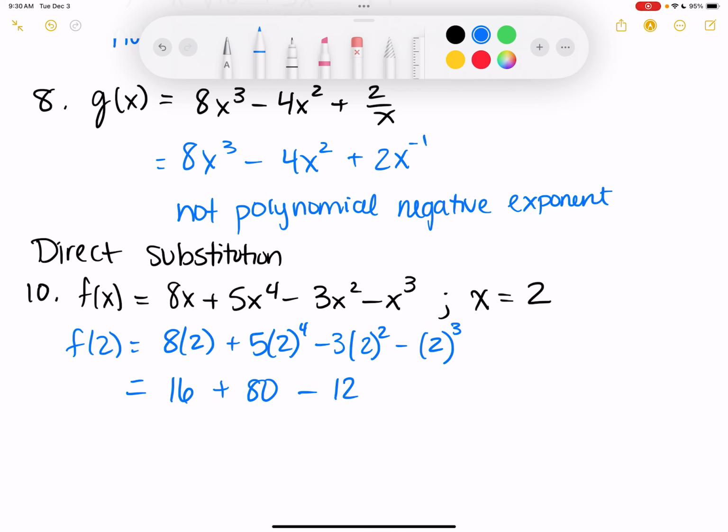Minus 8. 76. So that's equal to 76. Hopefully you like this math. What do you do with the f of 2 thingy? It's just telling you what to plug in.